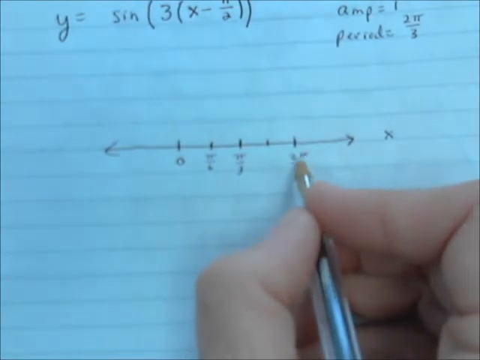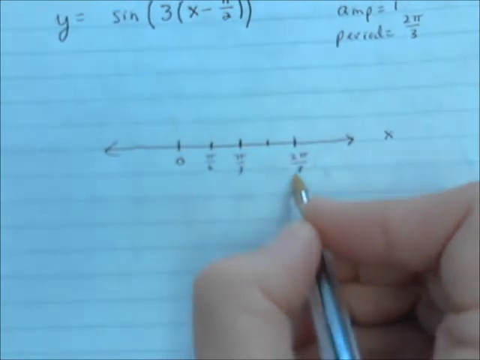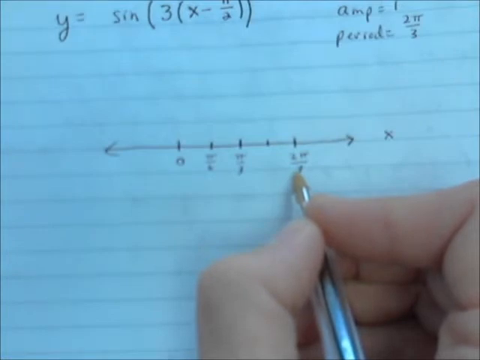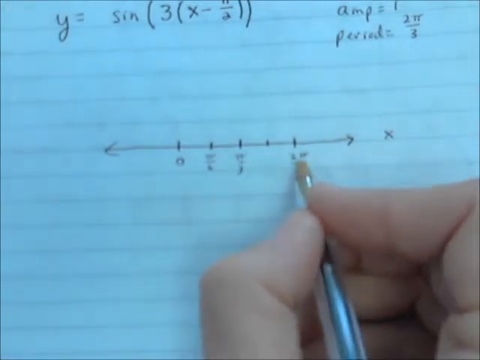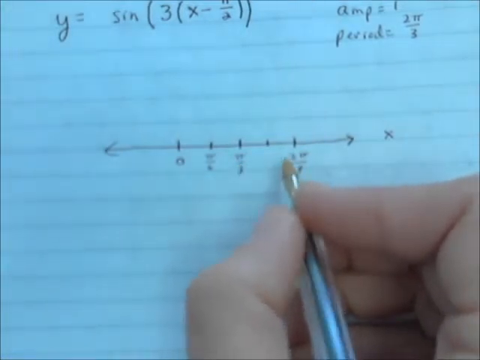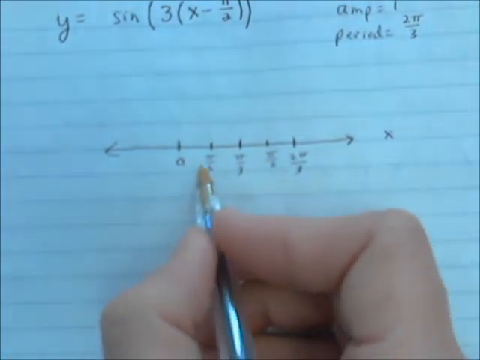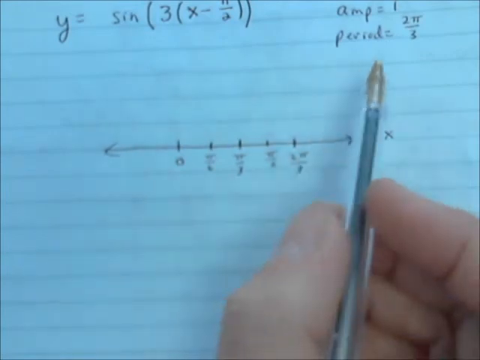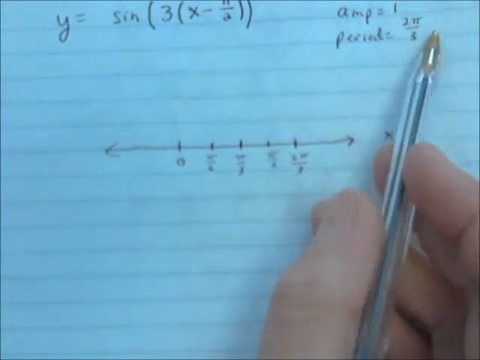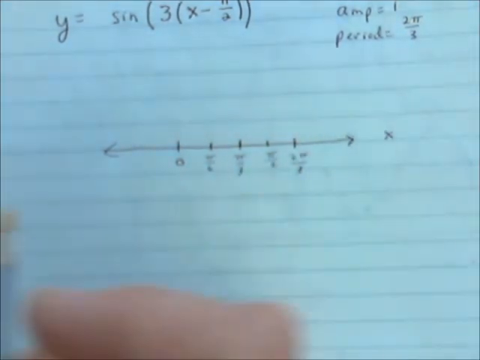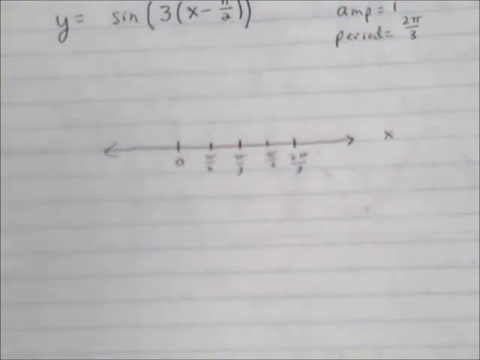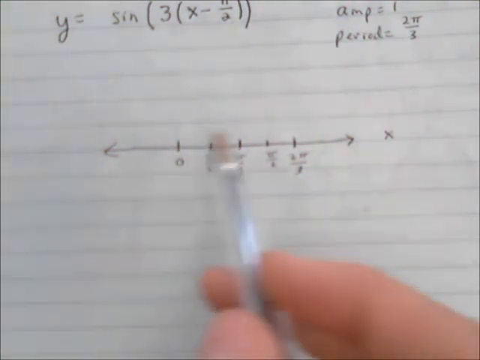And then if you add these two together, pi over 3 plus 2 pi over 3 is 3 pi over 3, which is just pi. And halfway in between these two is pi over 2. So these would be the x values of this function with a period of 2 pi over 3 if it hasn't been shifted to the right or to the left. So that's your first job, to set that up.